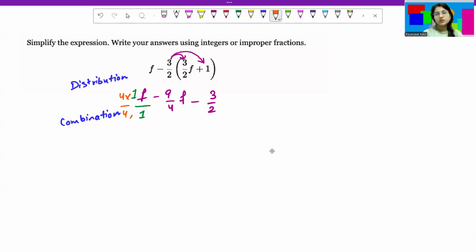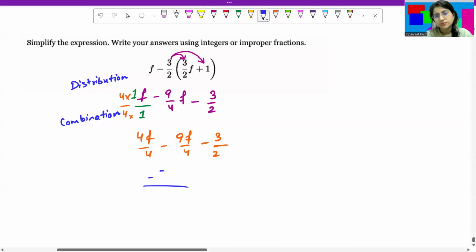Now we have 4F over 4 minus 9F over 4 minus 3 over 2. The denominator is the same now. So now that is negative 5F over 4 minus 3 over 2. Can it be simplified any further? No. So this is our answer.